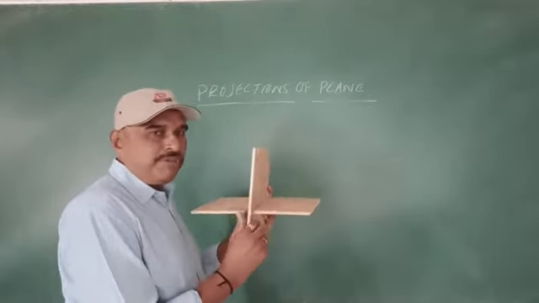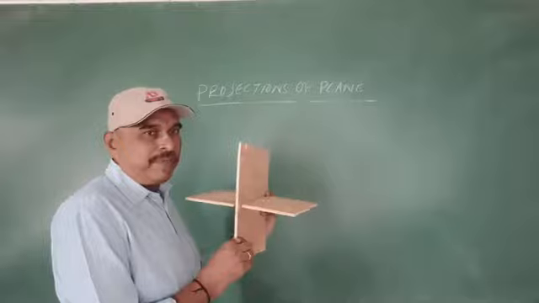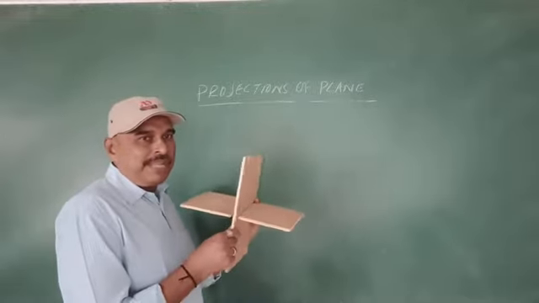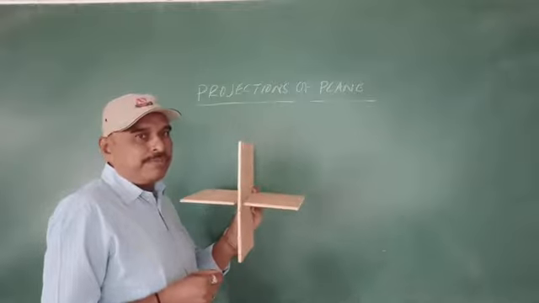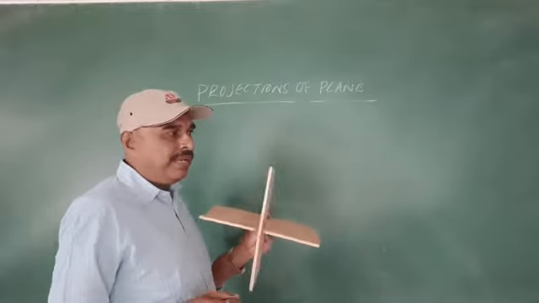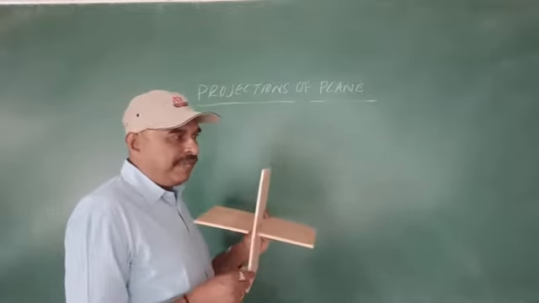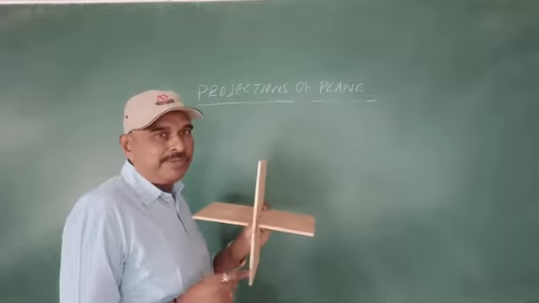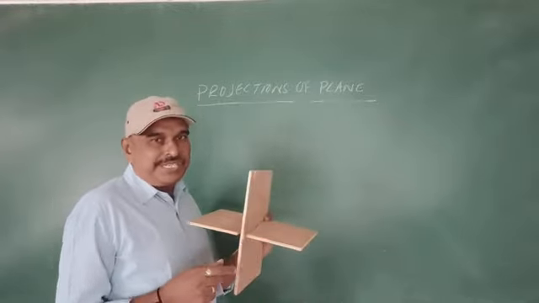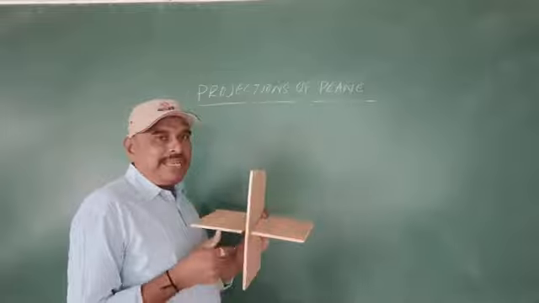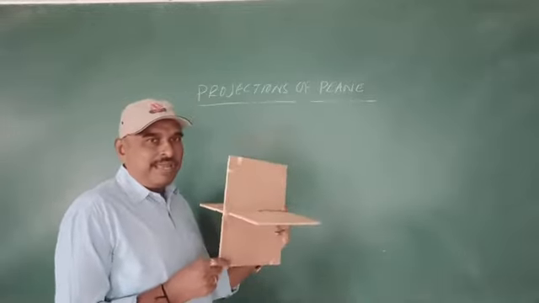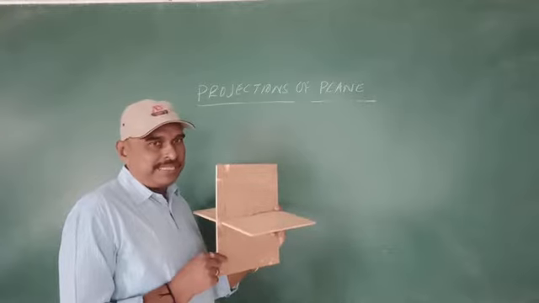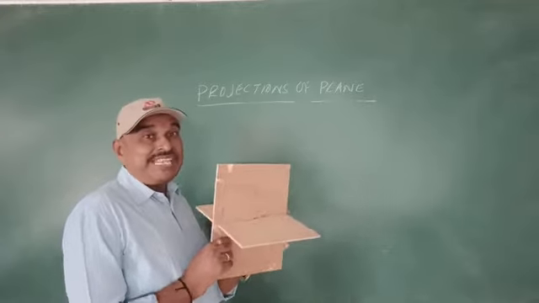Even in the topic projection of points, we place the point in different quadrants and obtain the projections. In drawing, projections means obtaining the front view, top view and side view. And in drawing we are practicing with first angle projection.